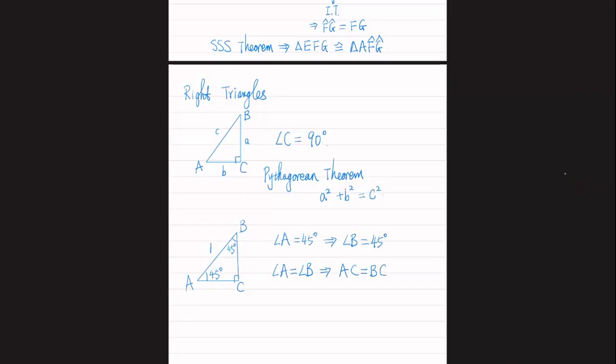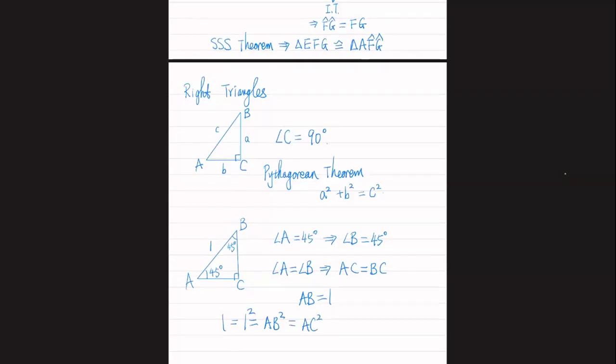But we know AB equals 1. So 1 is also AB squared. By the Pythagorean theorem, that will be AC squared plus BC squared. These two are the same, so twice AC squared.